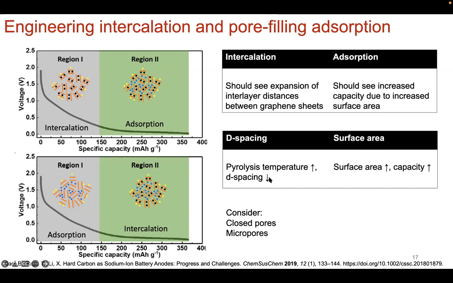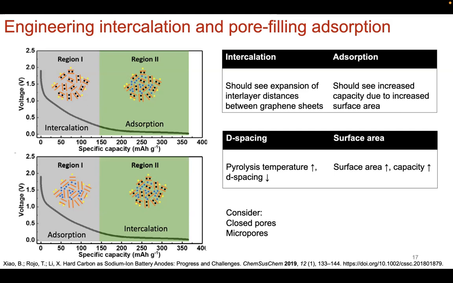That also affects your d-spacing, how you basically burn or pyrolyze the material under different gas environments. So it tells you, should I increase my pyrolysis temperature so that my d-spacing increases, so that I increase the intercalation mechanism?